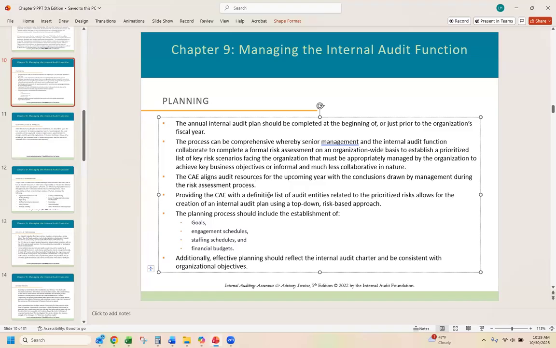Then, providing a definitive list of audit entities based on the prioritized risk. So you've done your risk assessment, and you figure out exactly where you want to go. Because with internal audit, there's often traveling to production facilities or to other locations.